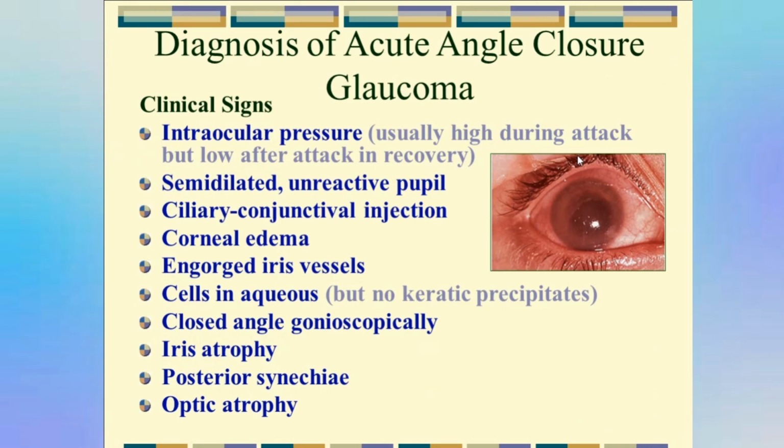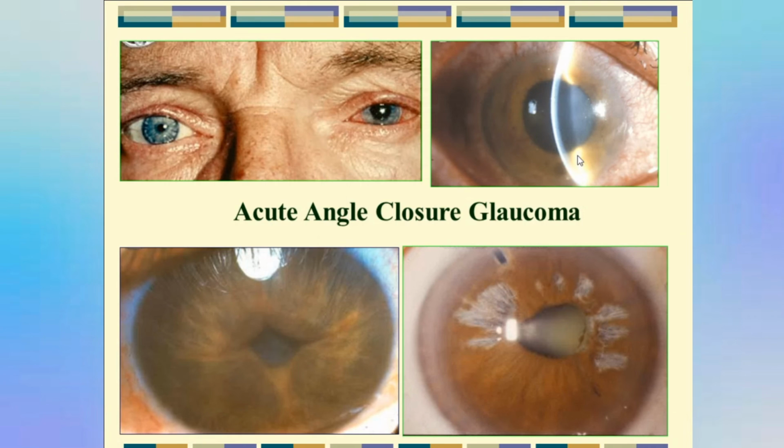We can see iris atrophy, posterior synechiae in some cases, and we see the small anterior chamber, and if it's possible to see the optic nerve because the cornea is edematous, we can see glaucomatous excavation or even optic atrophy.